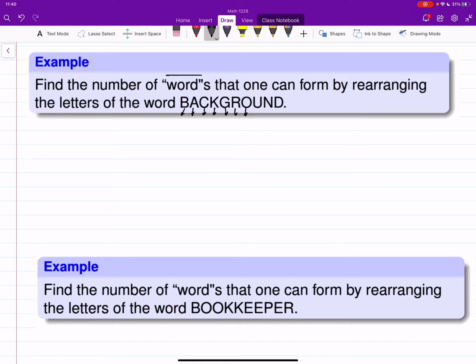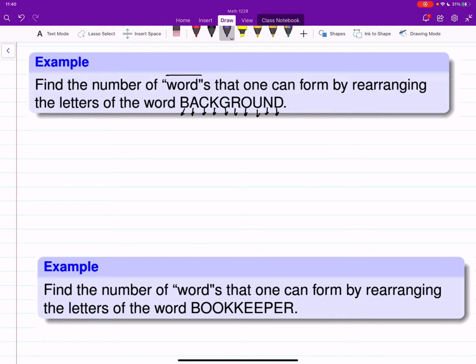6, 7, 8, 9, 10 letters, and there is no repetition there. So we have 10 distinct letters, and we want to permute them in different ways.